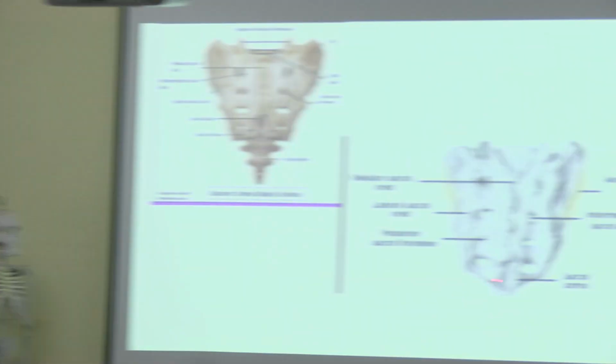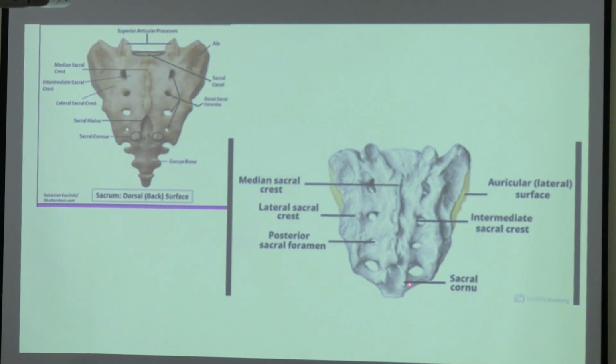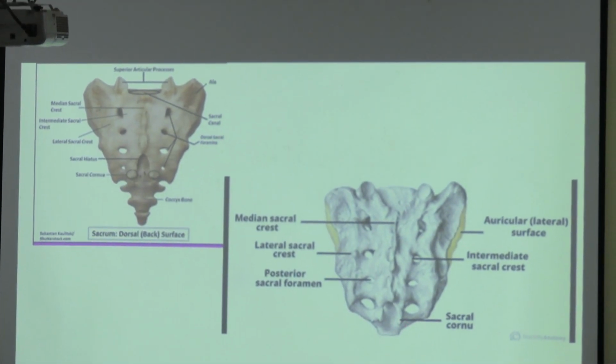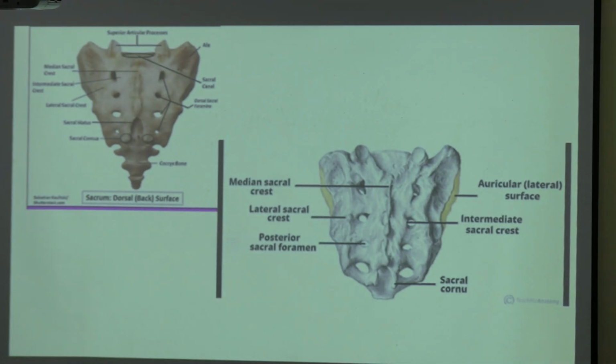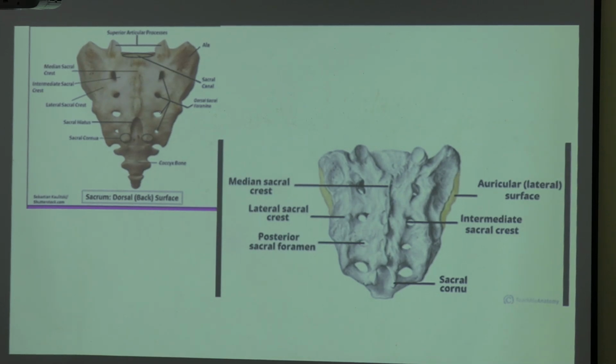The inferior articular processes of the S5 vertebra form these two projected parts, known as the sacral cornua. Now we have the lateral sacral crest, formed by the fused transverse processes of the sacral vertebrae. And here we have the dorsal sacral foramina through which the dorsal rami of the S1 to S4 nerves come out. Clear? Posterior surface.